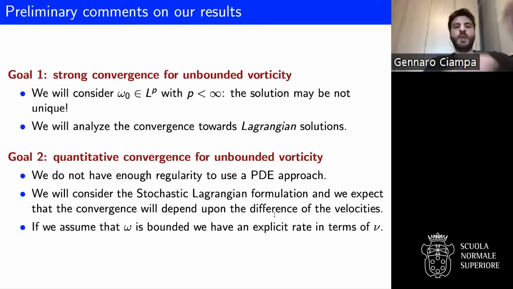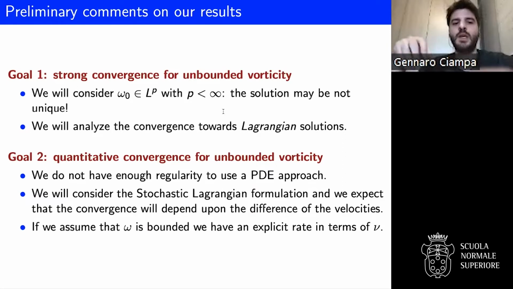Okay, so some preliminary comments. What we are going to do is to prove the strong convergence in the case of L^p vorticities, and in particular, we will prove the strong convergence toward this Lagrangian solution. Our approach will rely strongly on the so-called stochastic Lagrangian formulation for the Navier-Stokes equation.